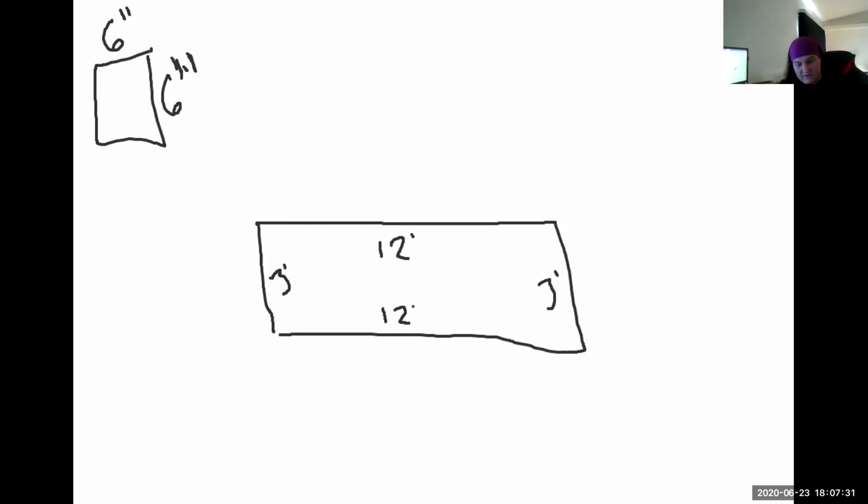So to find out how many pavers we need, 6 times 2 times 12. I'm going to come over to my calculator. Wait, whoops.